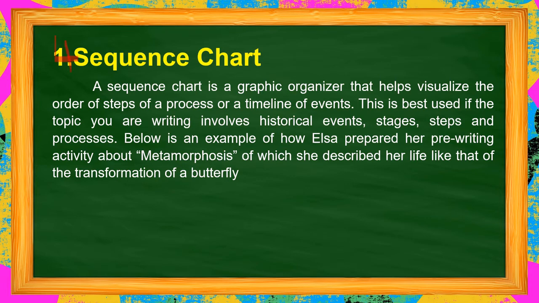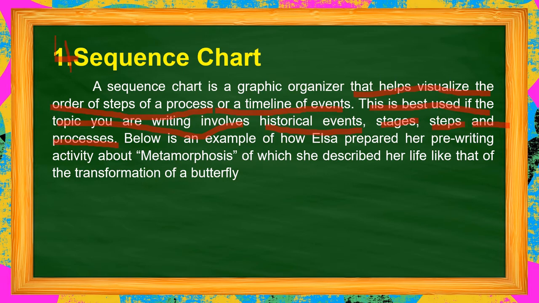Number 4, this is sequence chart. What is a sequence chart? It is a graphic organizer that helps visualize the order of steps of a process or a timeline of events. This is best used if the topic you are writing involves historical events, stages, steps, and processes.